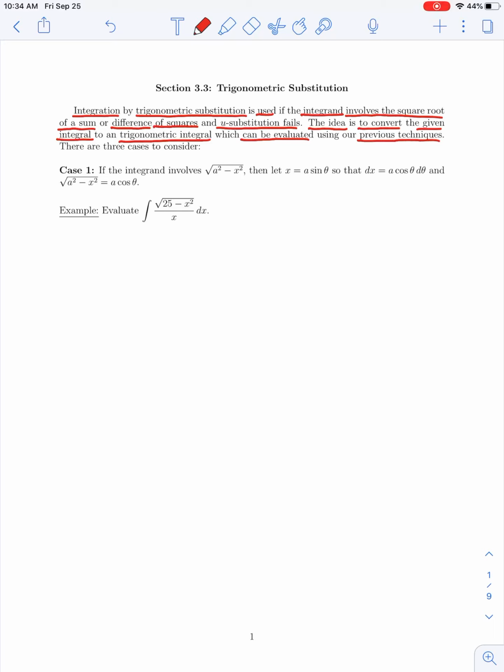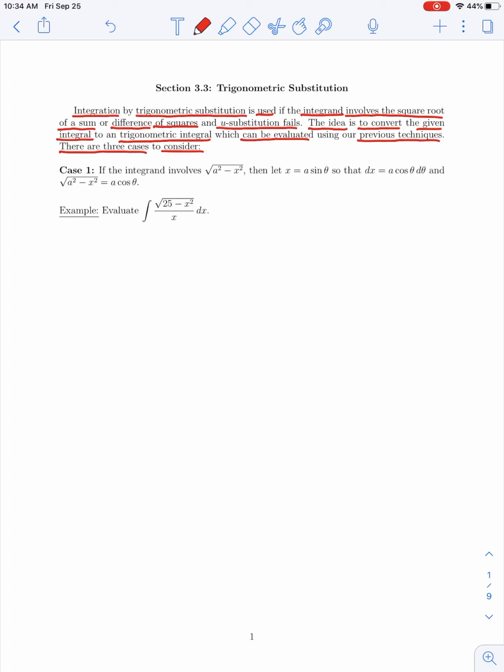Now, for this method of trig substitution, there are a total of 3 different cases that we have to consider, depending on whether our integrand involves a square root of a sum of squares or a difference of squares, and depending on what order that difference of squares would be given in. So let's consider the first case.